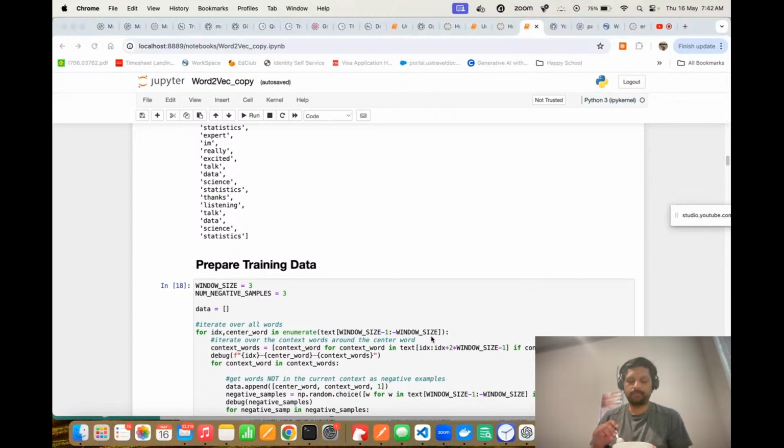Okay. And besides that, we also added the negative sampling technique. Instead of saying that these are the words that are there in the context, we also say these are the words which are not there in the context.